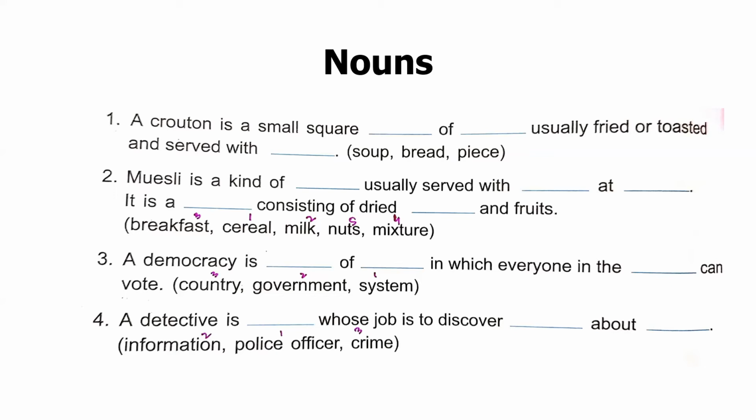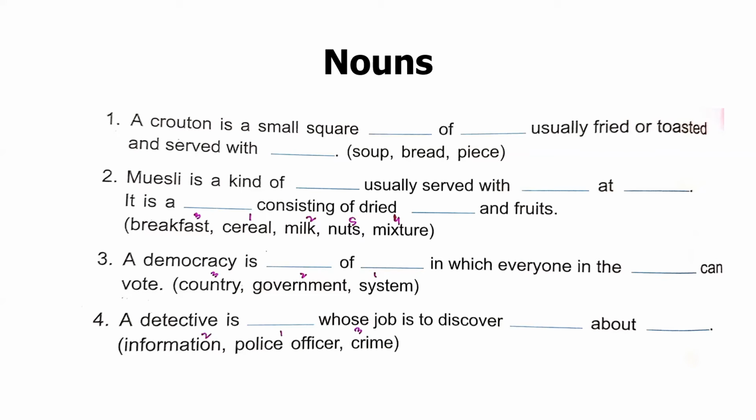A crouton is a small square piece of bread, usually fried or toasted and served with soup. What is a crouton? It is a square piece of bread. We will add the articles a, an and the in the blanks where that is needed.